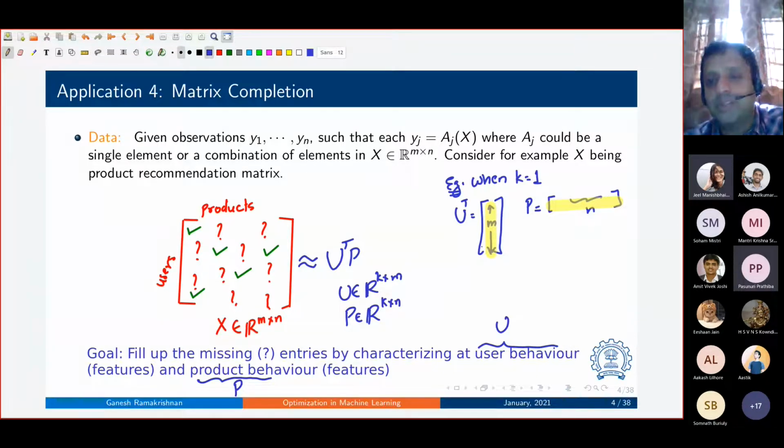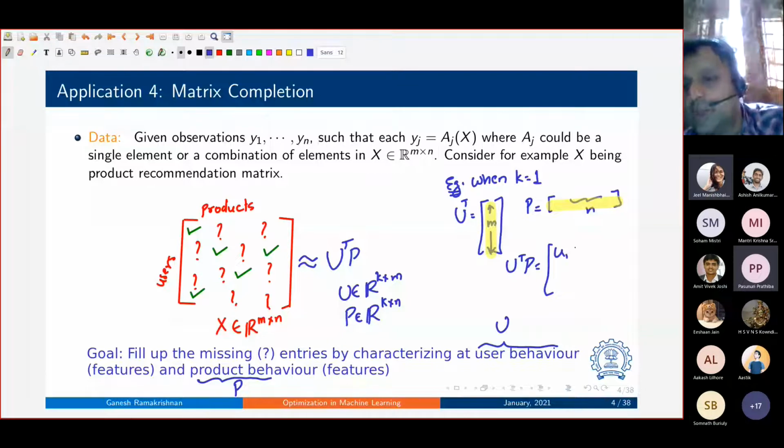The number of columns in U transpose is 1. So what would happen is U transpose P would look like this element into this element, this element into this element. Basically, they'll appear to be all scaled versions of P. Imagine that U1, U2 are the entries.